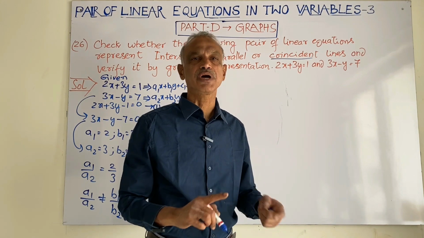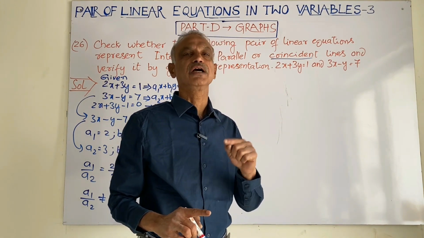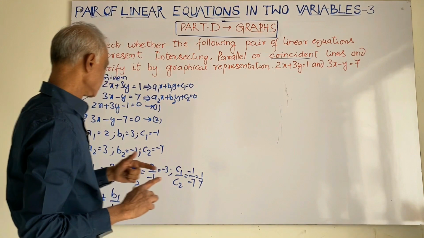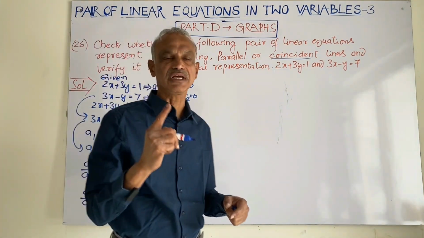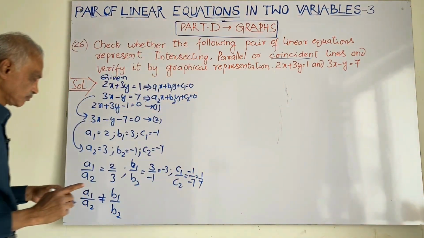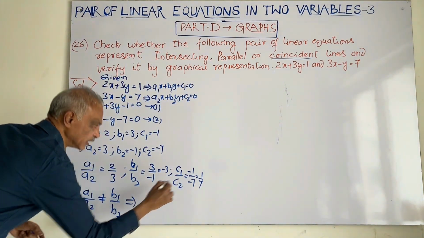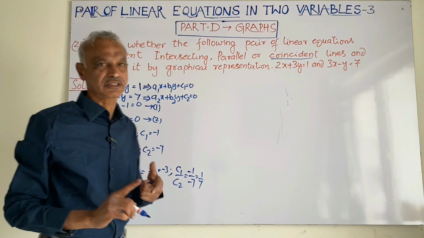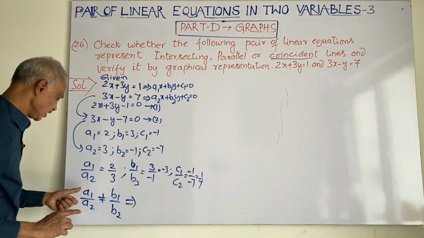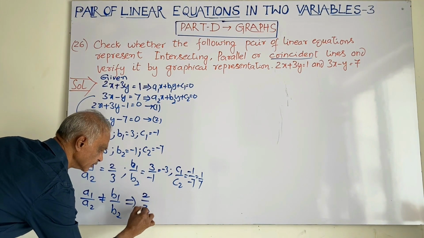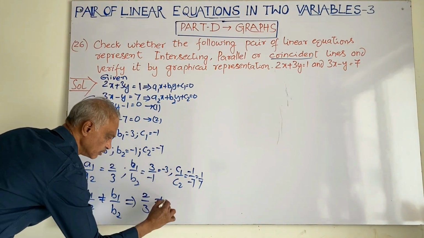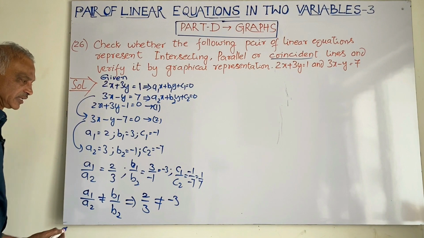The intersecting point is only one point, a unique solution. Don't bother about c1 by c2 in intersecting lines. Here 2 by 3 is not equal to minus 3. They are not equal to each other.